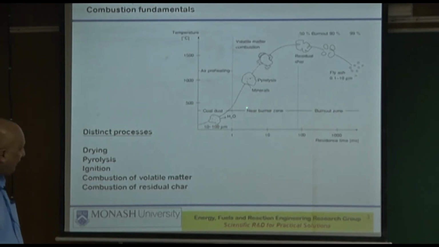In that process, what happens, these minerals which are in the coal to start with, they are starting to become ash. As I mentioned right at the beginning, coal has minerals, coal doesn't have ash as it comes. The minerals get converted to something which we call ash. So it becomes only ash here.